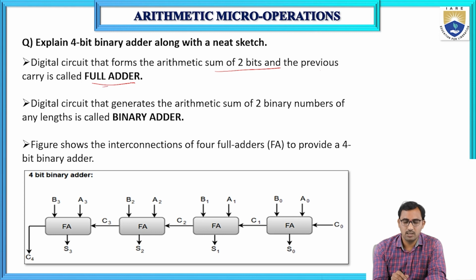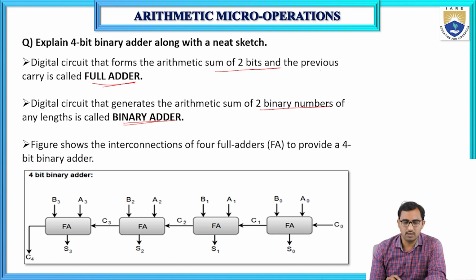That means the full adder has 3 inputs and 2 outputs. The 2 outputs are sum and carry. The digital circuit that generates the arithmetic sum of two binary numbers of any length is called a binary adder. Using this binary adder, we can find the sum of any two numbers of any length.